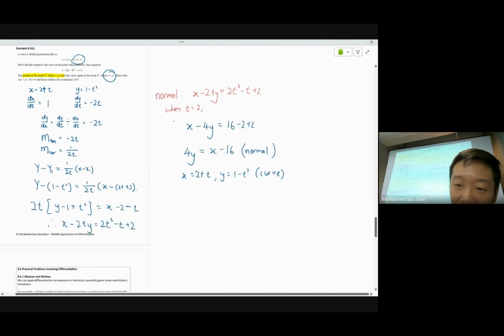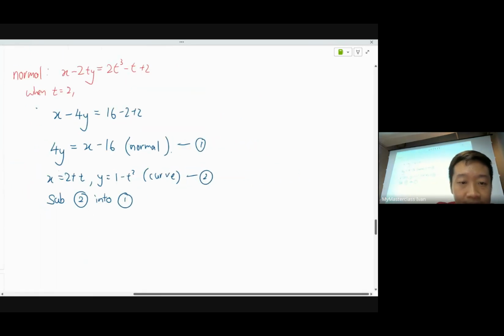So now I sub 2 plus p into the normal. For the y, 1 minus, in this case, you can write p squared, and t is equal to p.